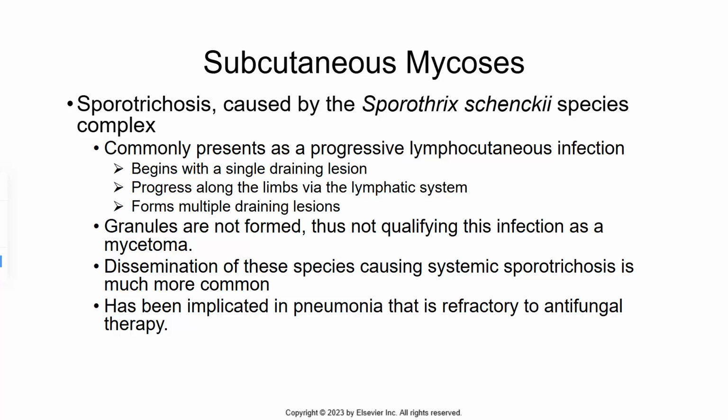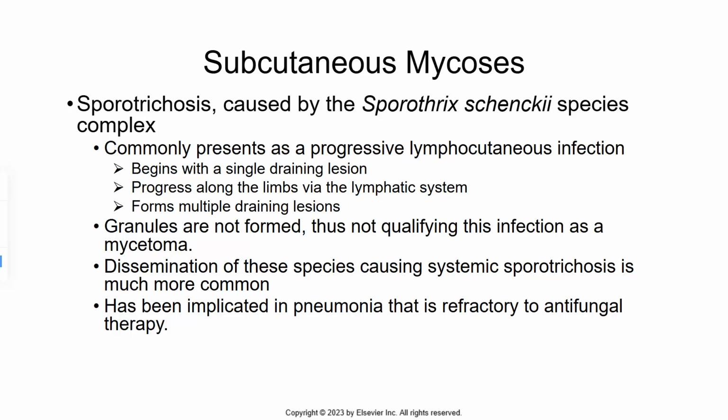Sporotrichosis, caused by Sporothrix schenckii species, commonly presents as a progressive lymphocutaneous infection. It begins with a single draining lesion and progresses along the limbs via the lymphatic system. It forms multiple draining lesions. Granules are not formed, thus not qualifying this infection as a mycetoma, but dissemination of these species causing systemic sporotrichosis is much more common and has been implicated in pneumonia that is refractory to antifungal therapy.